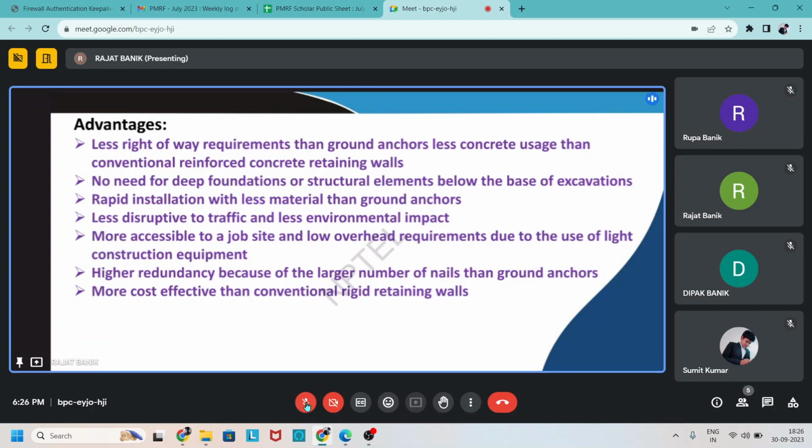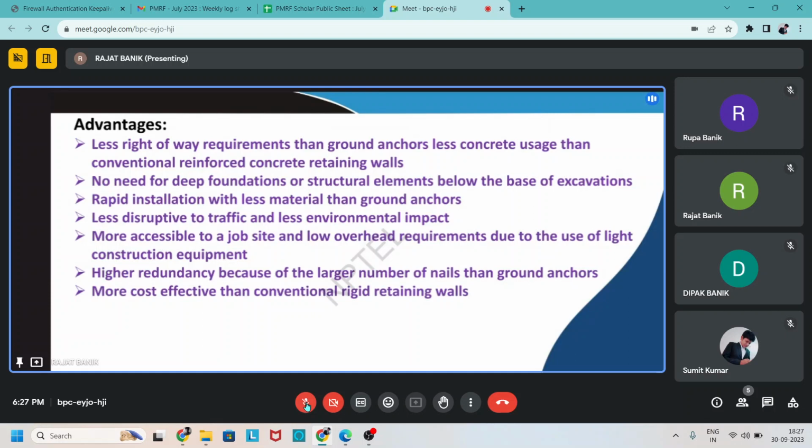Also, when we apply this soil inclusion into the ground, the disturbance to the movement of traffic becomes less, there is more accessibility to the job site, and low overhead requirement due to the use of light construction equipment. In this technique we only need a few things.